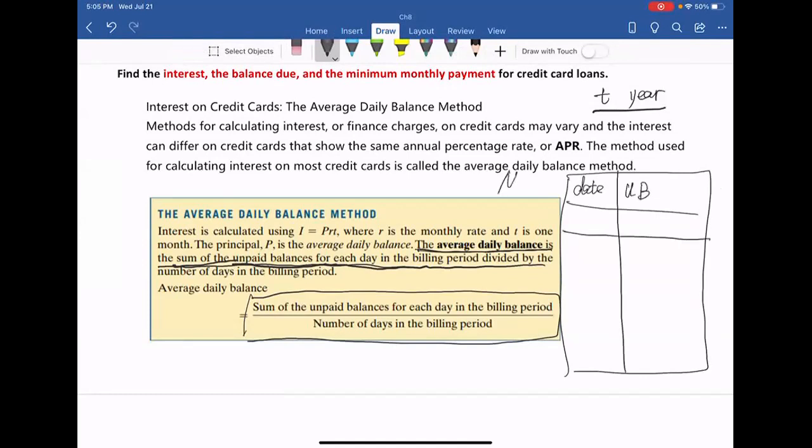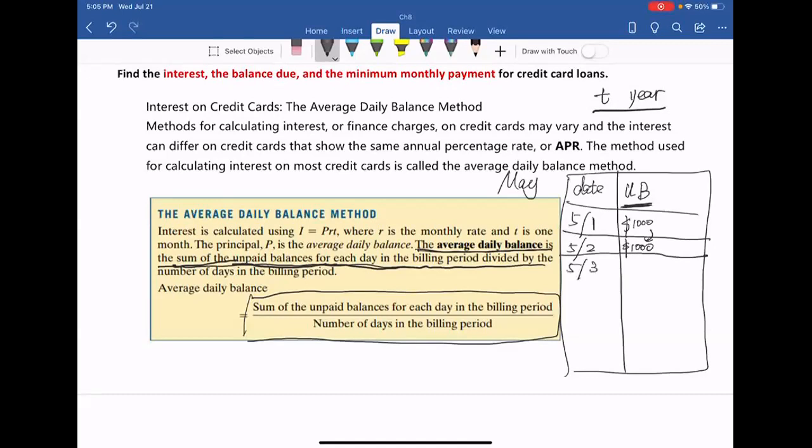For example, on May 1st, you have an unpaid balance of $1,000. May 2nd, you didn't do anything, so you still have $1,000.